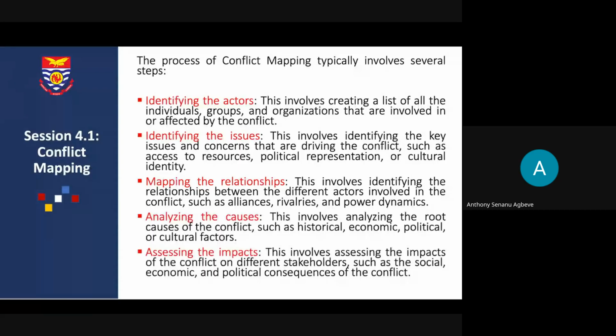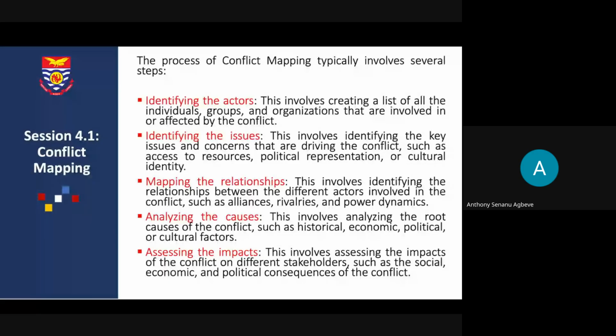Then the next step you have to take is that you have to analyze the causes. What are the causes of the conflict? So is the cause an economic one? Is it a political one? Is it a cultural one? Or historical? So when you go into the history books, what has been the issue that has been driving the conflict over this period?